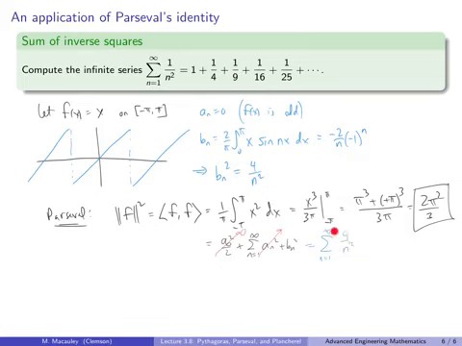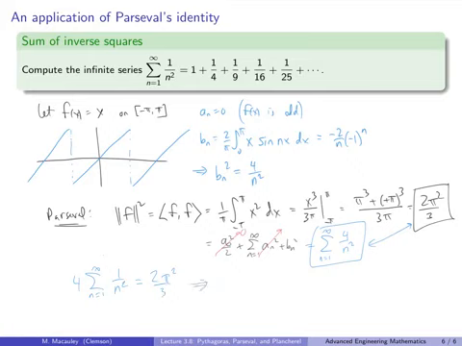Now this is almost what we want. Look, what we want is 1 over n squared. So all we need to do is set this equal to 2 pi squared over 3, and we're done. So let's take 4 times the infinite sum from n equals 1 to infinity of 1 over n squared, and that equals 2 pi squared over 3.